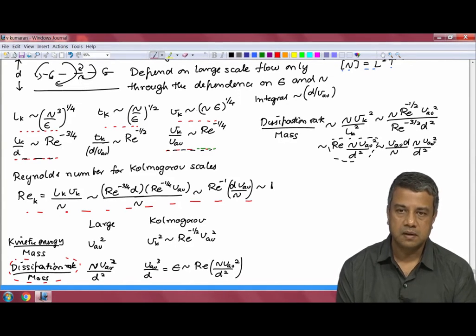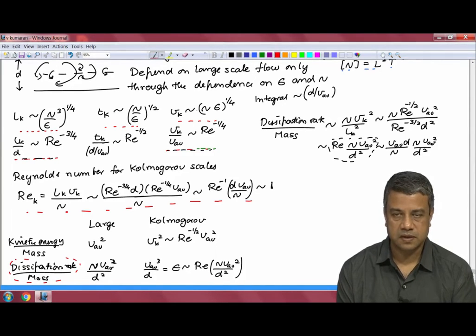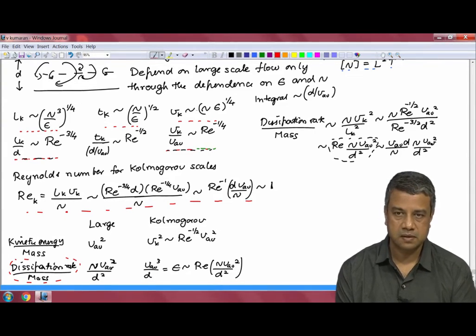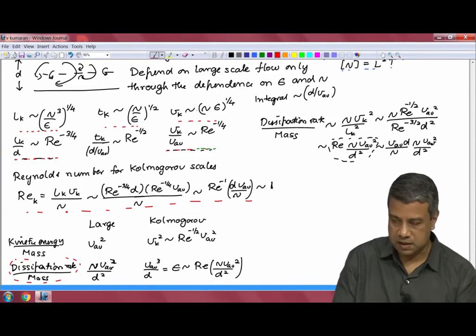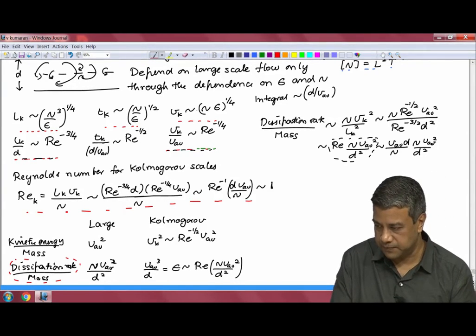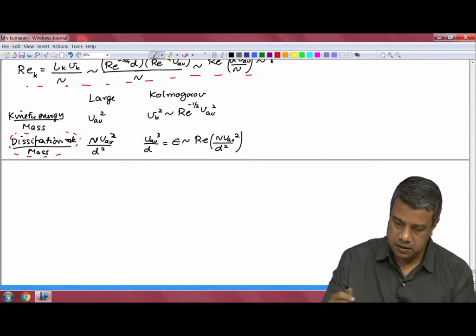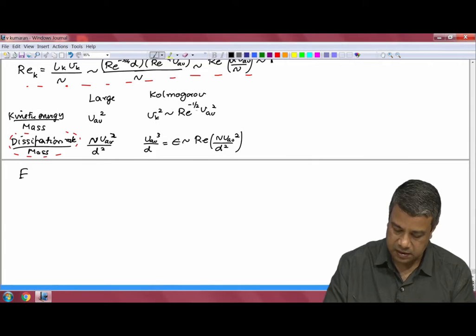So, kinetic energy is primarily in the large scale flow, dissipation is primarily in the small scale flow, and regardless of what the large scale Reynolds number is, the flow itself creates smaller and smaller scales, such that at the smallest scale the Reynolds number is order 1, and all of the energy that is put in at the large scales is dissipated at this smallest Kolmogorov scale. Okay. This is referred to as the energy cascade.